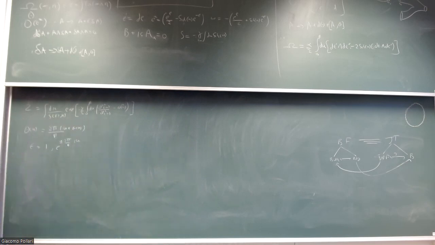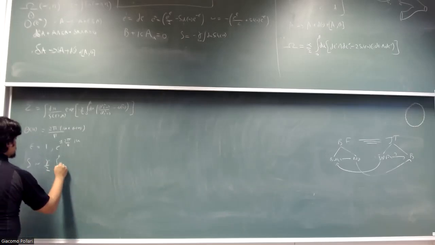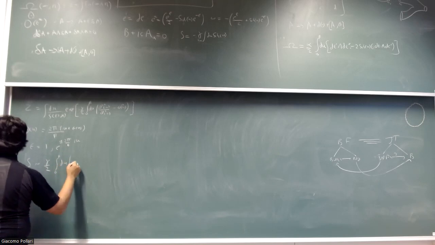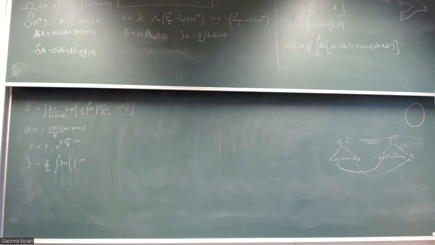Yeah, so what we do is take the quadratic action, put this back here, and we get S to be... So I guess everyone lives on the circle. And then these are the lowest modes actually.